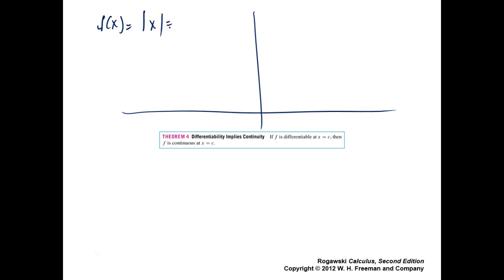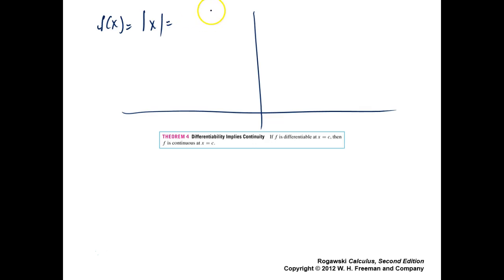This, by the way, is a piecewise defined function. Guess where the piece has to be defined? Where do things change in an absolute value function? At 0, exactly.